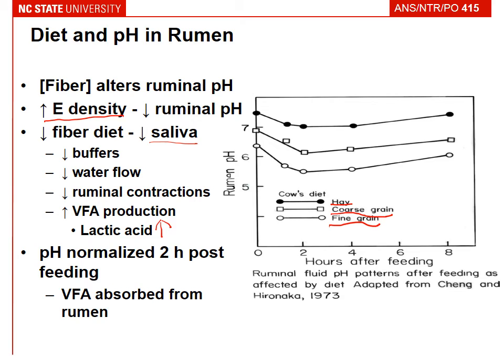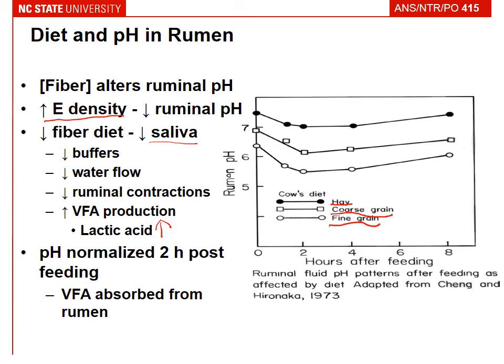It drops down to about 5.5 and eventually comes back. So the greater the energy density here, so this is going to be our fine grain. So our fine grain is going to have higher energy density than our hay or our coarse grain. So that's going to decrease our ruminal pH.